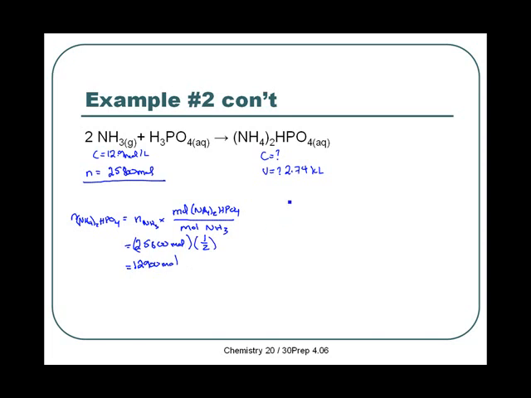And now we can find our concentration. Concentration is equal to N over V. This is the concentration of (NH4)2HPO4, and N is 12,900 moles divided by 2,740 liters.